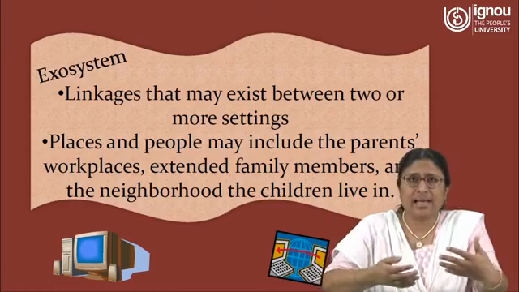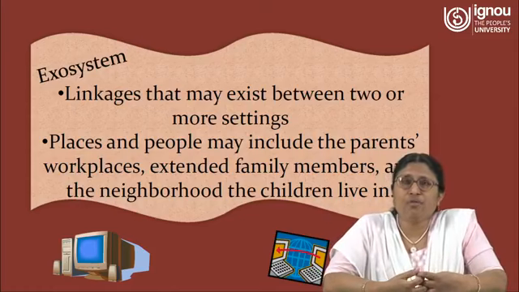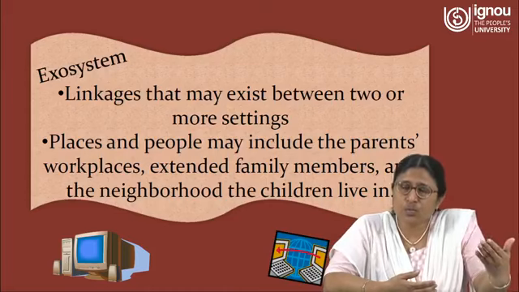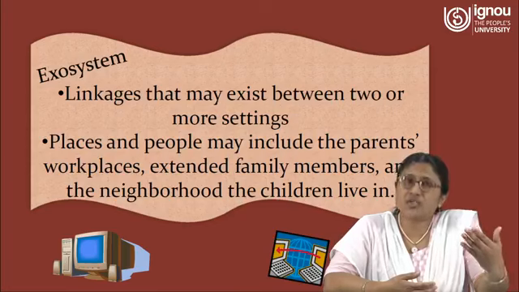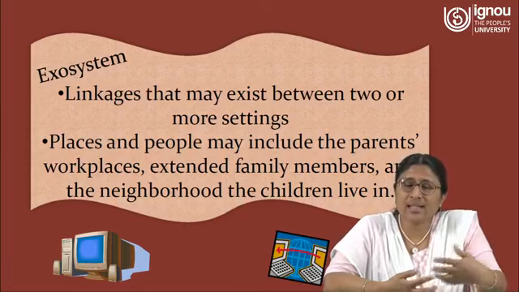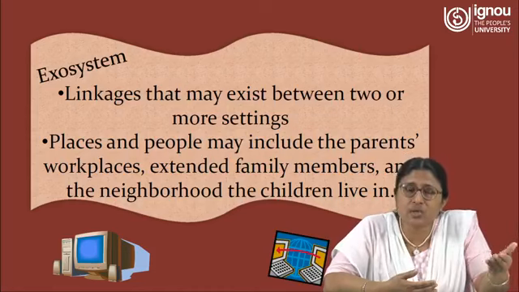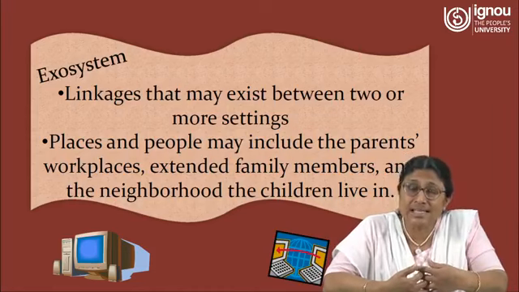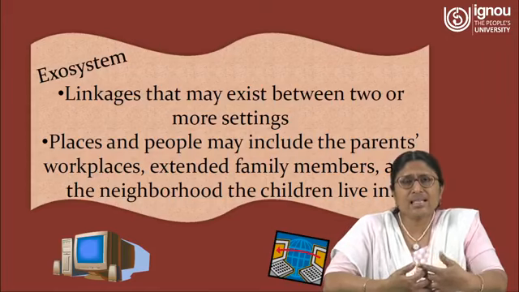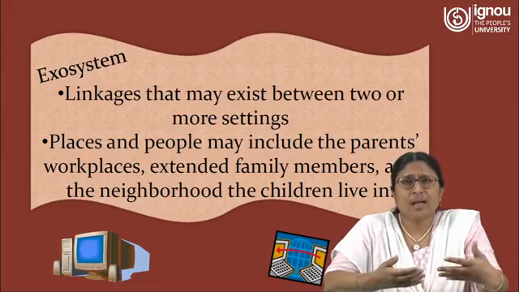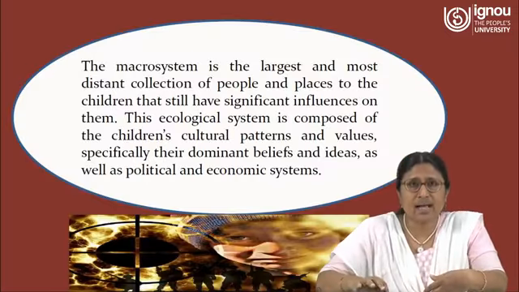For example, if the parent is working in some workplace where there occurs some stress, the parents take the stress home and unknowingly express it towards the children. So, it is indirectly affecting the development of the child. All these things have a link to the development of the child.